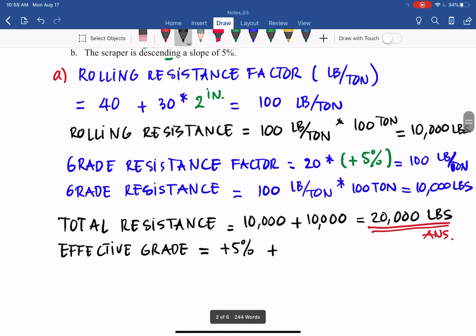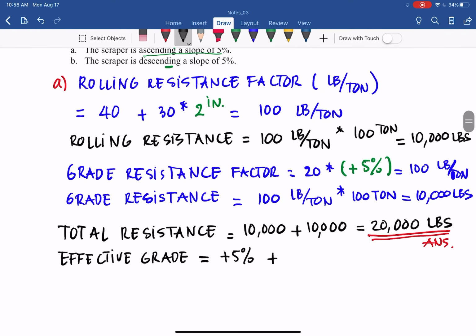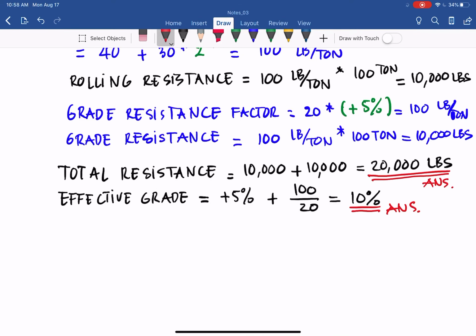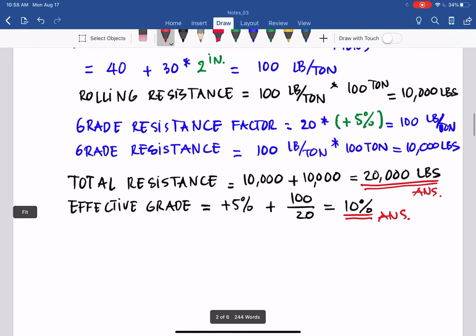The rolling resistance factor we found is 100, so 100 divided by 20 will be 5. So the total effective grade is 10%. What does that mean? It means that 5% contributes due to the slope and 5% due to the rolling resistance. Combined, the effective grade is 10%. So equivalently, it goes up 10% if we combine both. So that is number one.